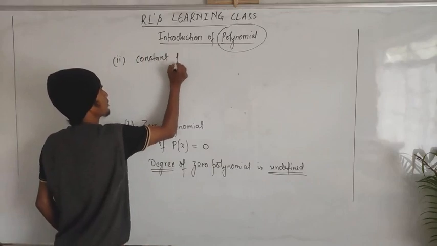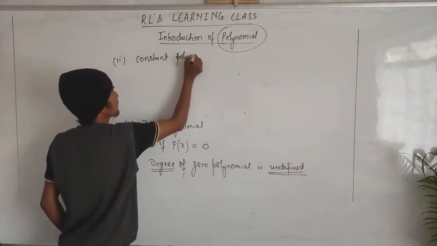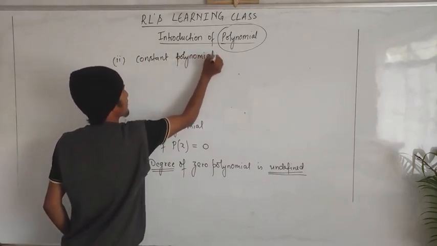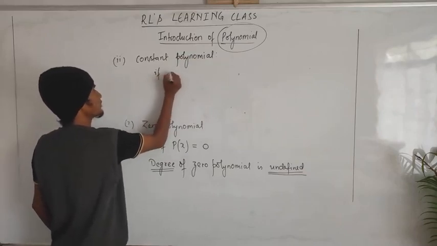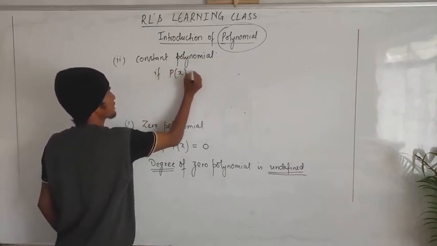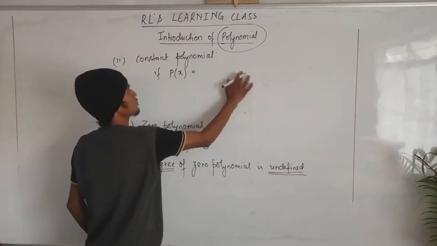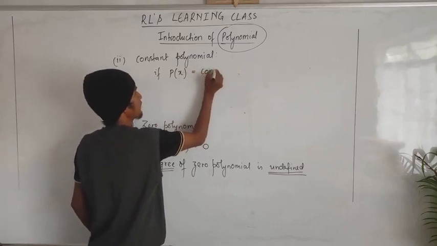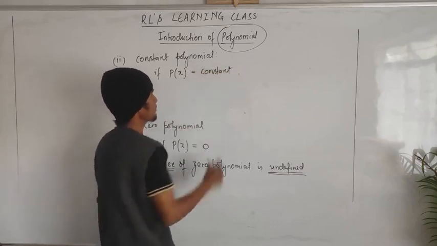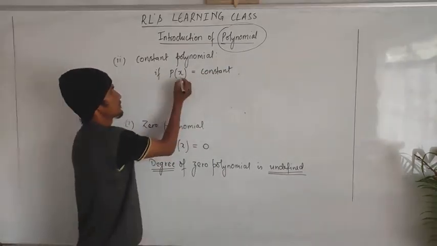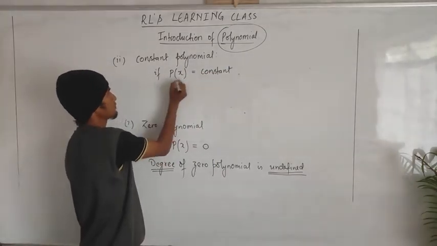Constant polynomial. This is when p of x is always equal to a constant. What's the meaning of this? Whatever value of x we put, for all x belonging to real numbers. What does this mean?